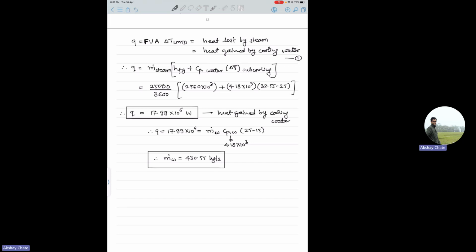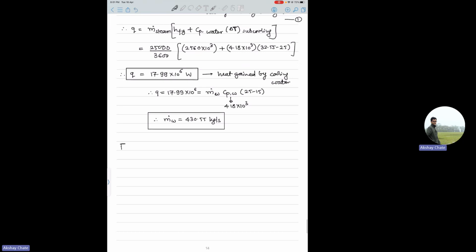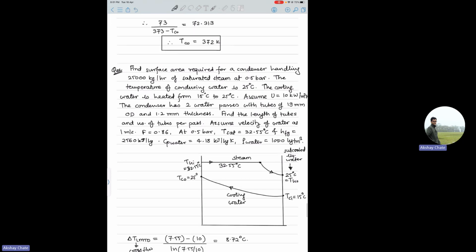So now, for a single tube, what is the m dot that can go through it? It is rho A V. Density of water is given as 1000. Cross-sectional area: now we need the inner diameter, right?